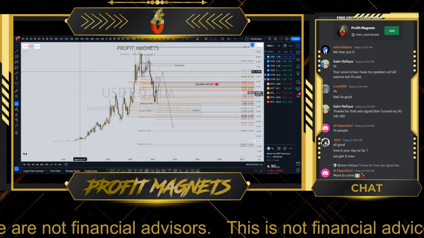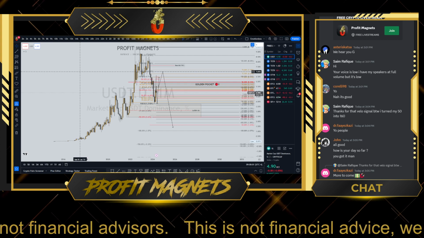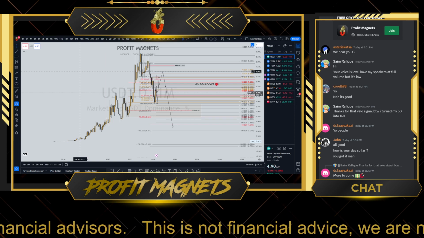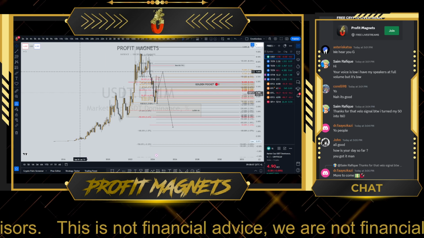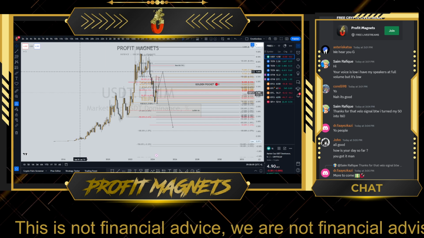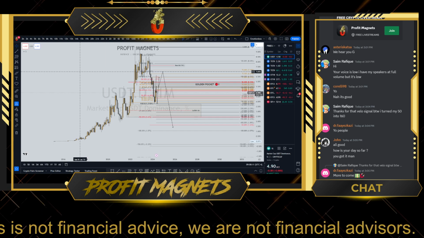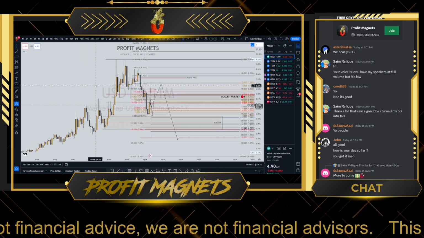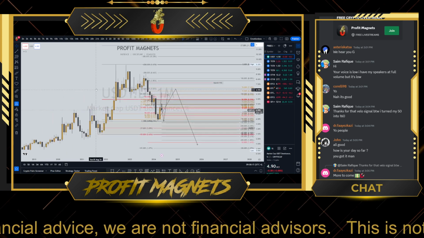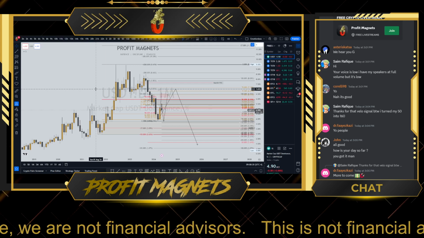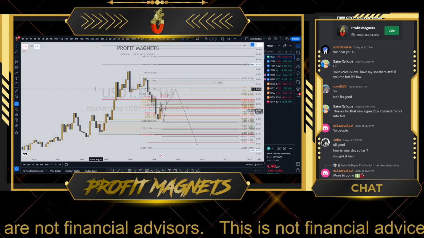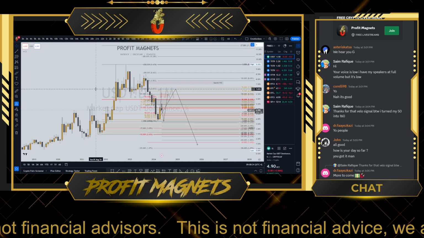And when the USDT dominance chart dumps, you're likely going to see a pump in the market. Pretty straightforward. It is a chart that most people are not looking at. The reason why we use it is because it is a very good tool to give you an understanding of the opposite direction, and you can actually base your decisions on this chart.